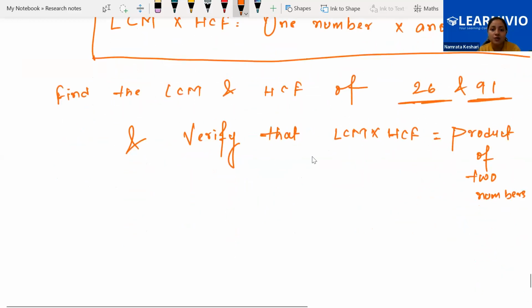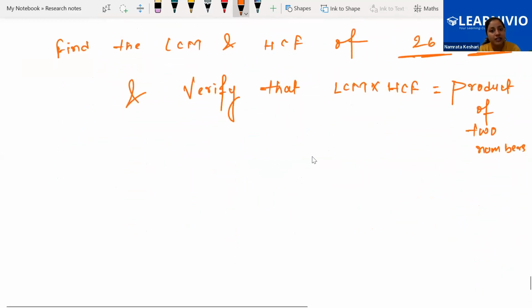On the basis of this formula, we have to first find LCM and HCF, and then do the verification also. At first we are going to find the LCM, then the HCF, and then we will do the verification together. You just find LCM and HCF and let me know what you are getting.